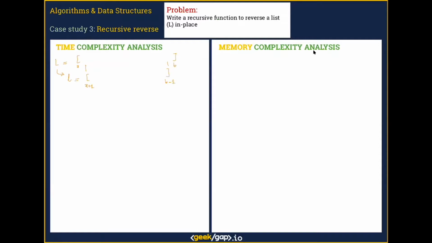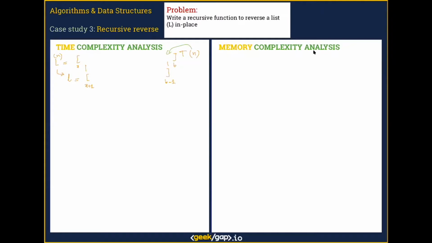Once we have this, let's assume that the time to solve this is T of L. Let's assume that our list is of size n. So it will be T of n.